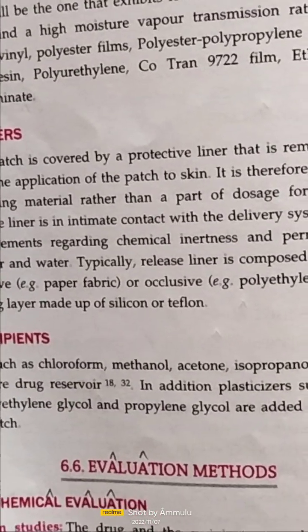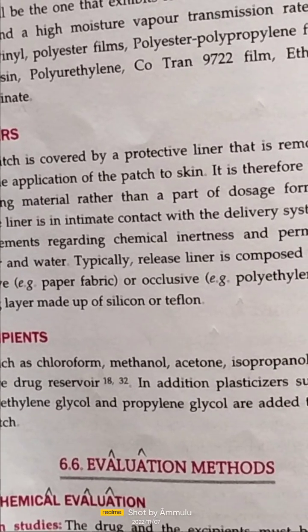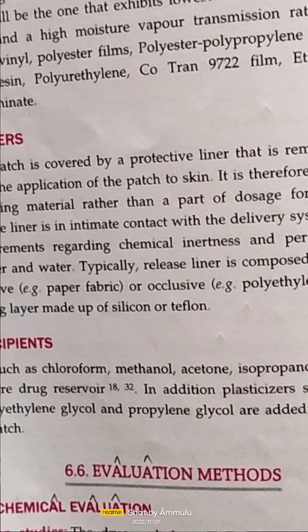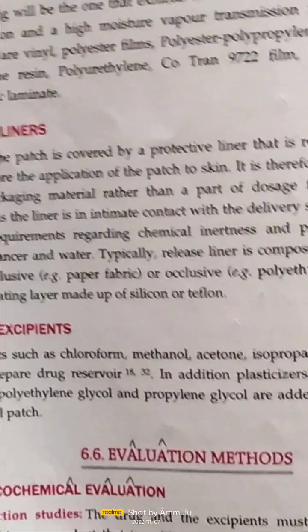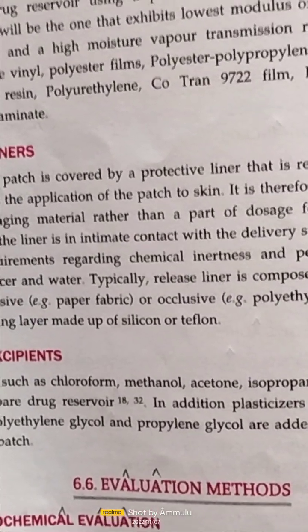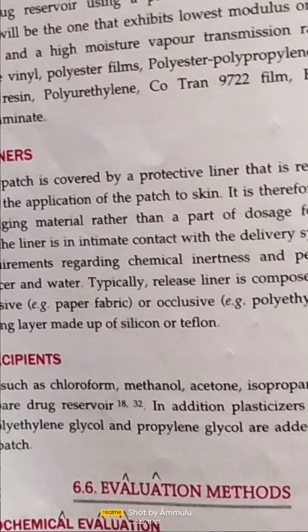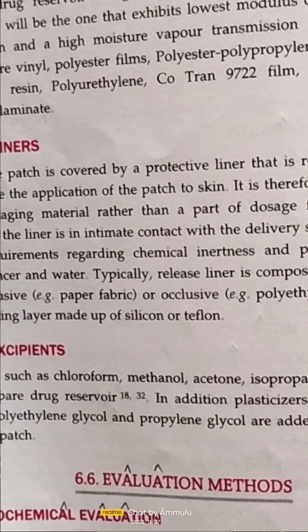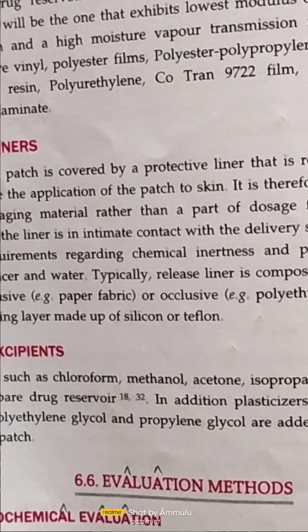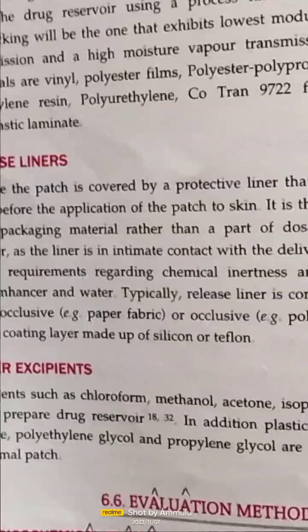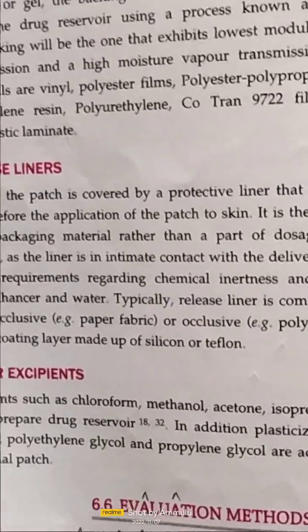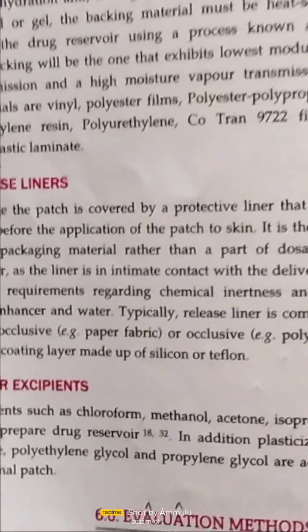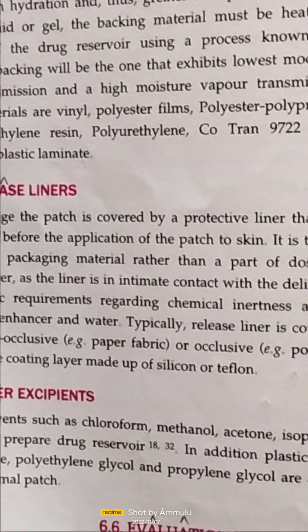The thickness of the prepared patch is measured using a digital micrometer. At different points of the patch, the determination of thickness and standard deviation will be changed. And weight uniformity is also an evaluation process.